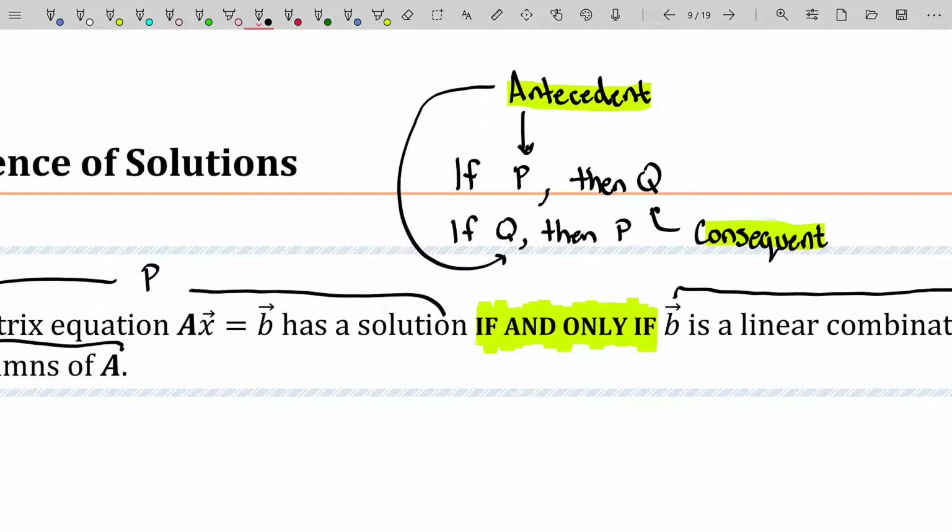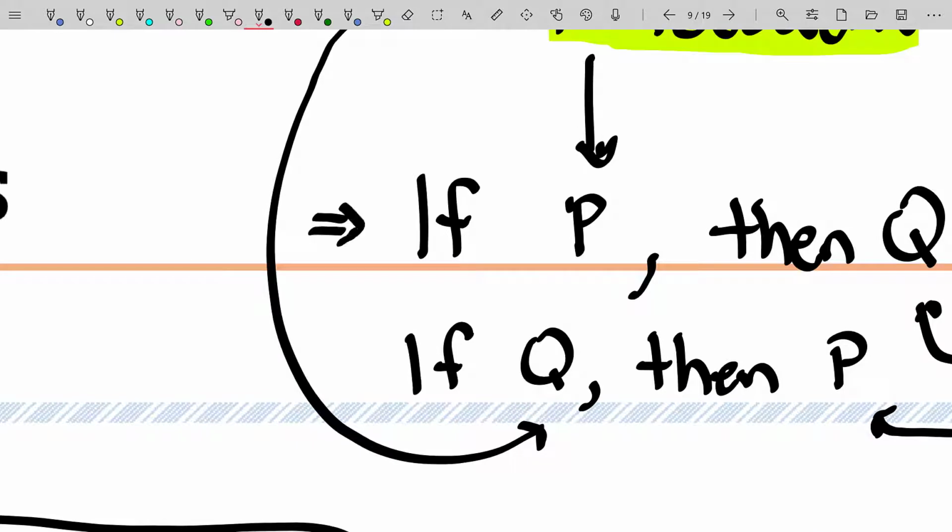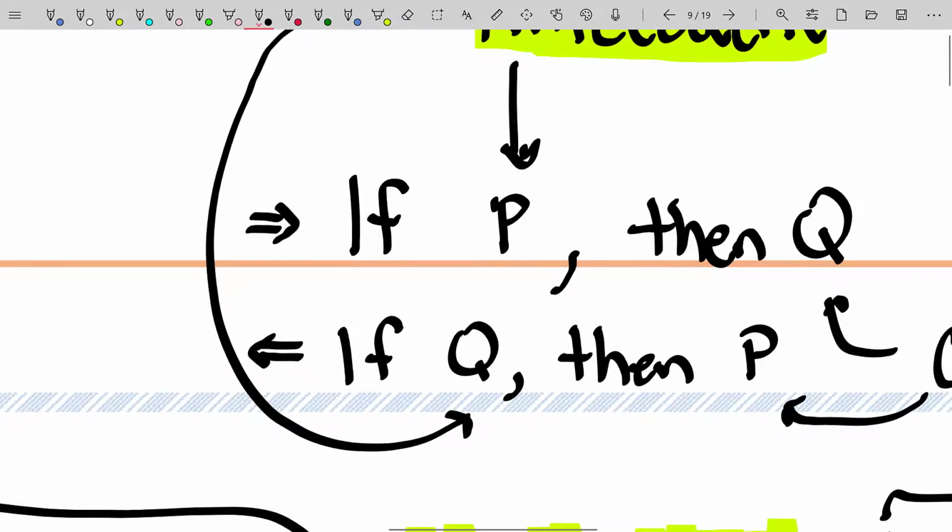And likewise, P is simultaneously the antecedent and the consequent. So when you do a proof of an if and only if, you actually have to prove both directions. You have to prove what we would call the forward direction and the backward direction. So the forward direction is if P then Q, the backward direction if Q then P.